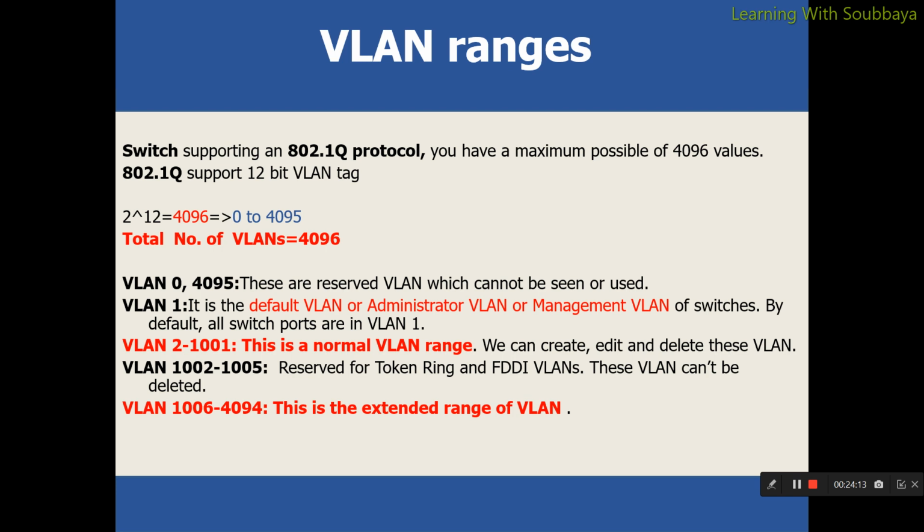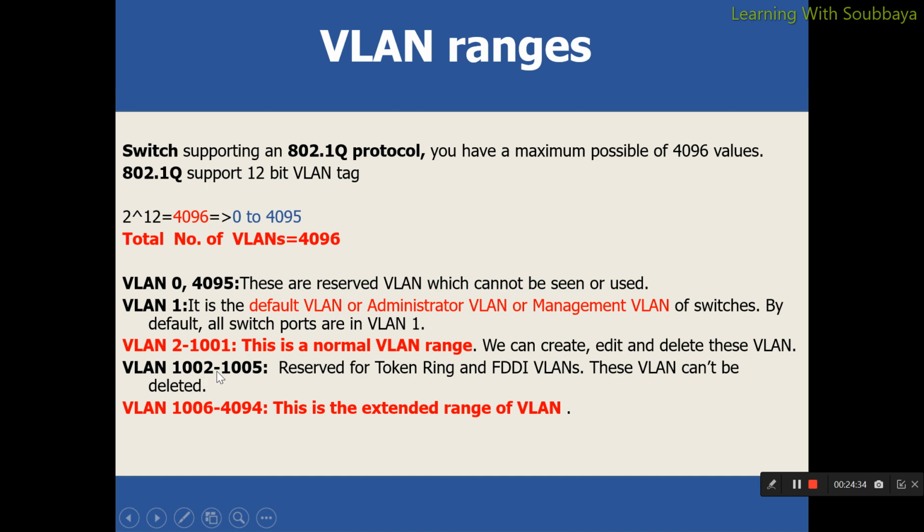Then VLAN 2 to 1001 are called normal VLANs. Normal means we can configure them: we can configure VLAN 10, VLAN 20. We can create a VLAN, delete a VLAN, and rename a VLAN also. The starting range is from 2 to 1001.